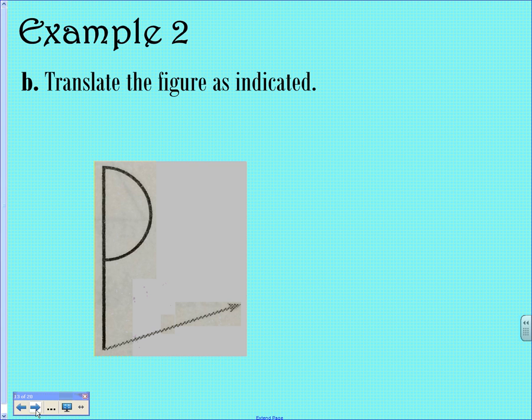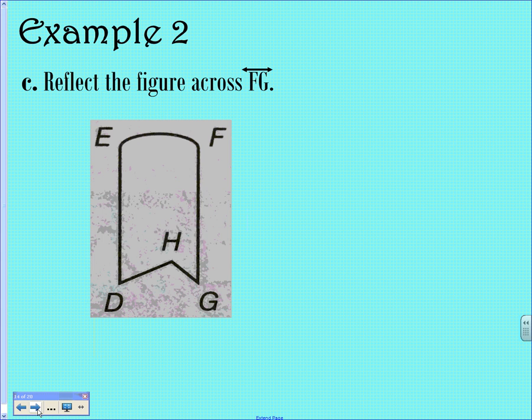That is a P. You agree? All right. Let's try another one. We want to reflect it across line FG.